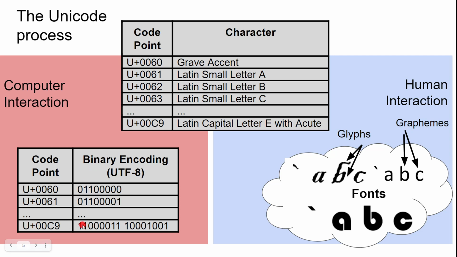We'll see that there's different ways of encoding these code points into binary for different reasons and different motivations. These issues are so fundamental to the Rust-Unicode relationship that the rest of this talk is going to focus on the computer interaction side and not the human interaction side when dealing with Rust.